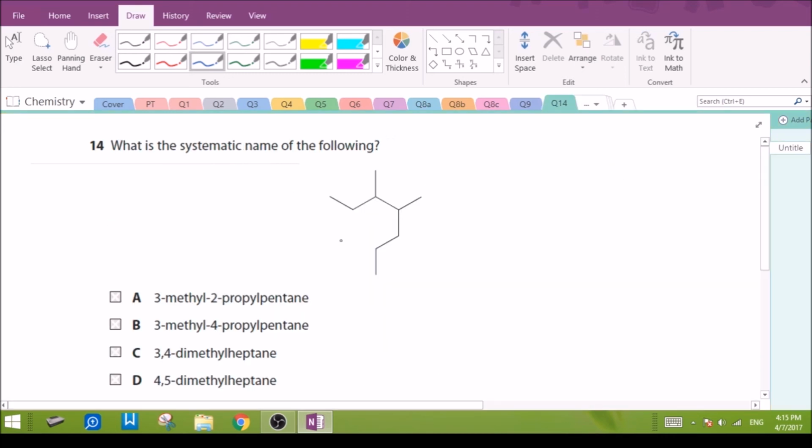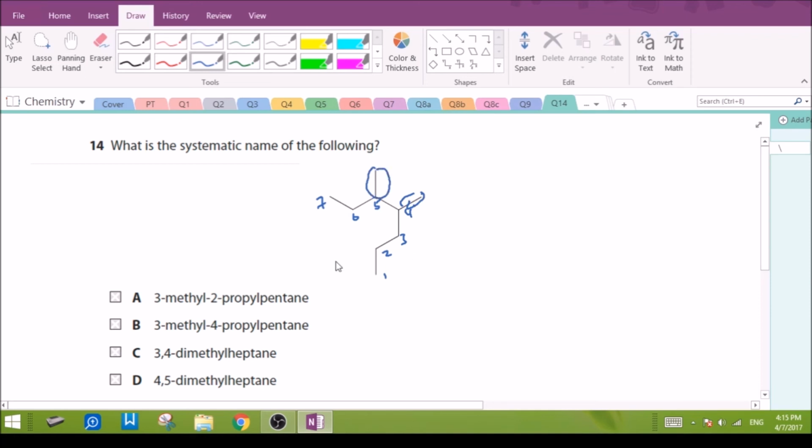What is the systematic name of the following? Right, this is an alkane. So let's number the longest chain of carbon we can have. Right, there are two choices. We could number it from here: 1, 2, 3, 4, 5, 6, 7. If you were to do that, we will see that there's a branch at number 4 and a methyl branch at number 5.